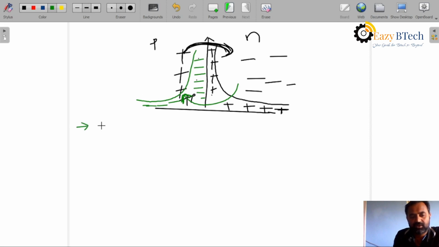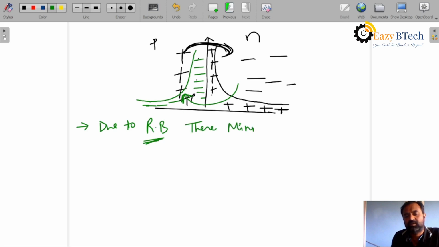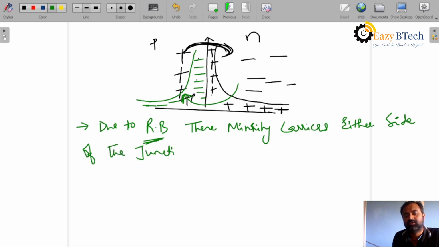Now, due to reverse bias, the minority carriers on either side of the junction will reduce to zero.